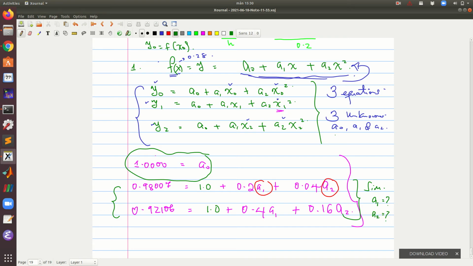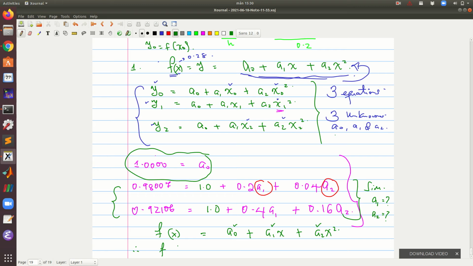After finding the values of a1 and a2, we write our general fitted equation. We can fit our data with a polynomial of degree 2, which will take the form a0, which we know, plus a1, which we would have found, times x, then plus a2, which we also would have found, times x squared.